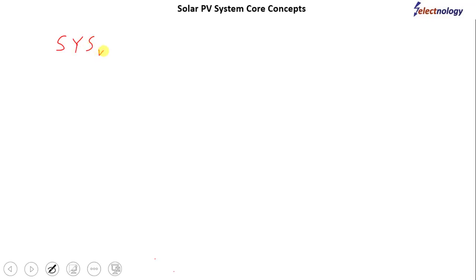Okay, system rating means how many kilowatts of system we need. That shall be equal to sun energy, E sun, into efficiency of one PV module, into total area. Now the total area refers to the area of all the PV modules.